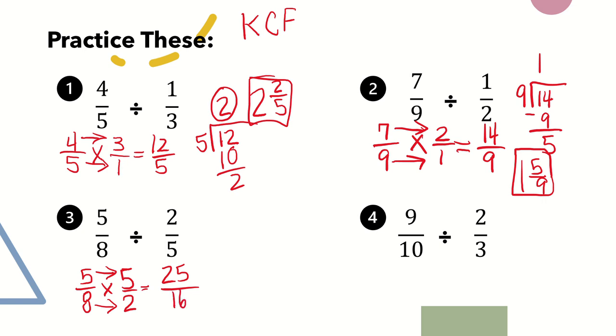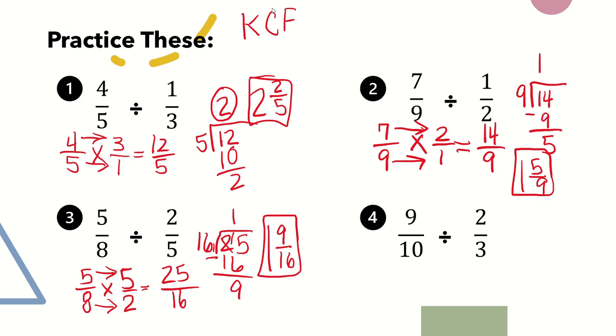Again, I can't leave it as an improper. So 25 over 16, that goes in there one time. So 1 and 9 over 16.